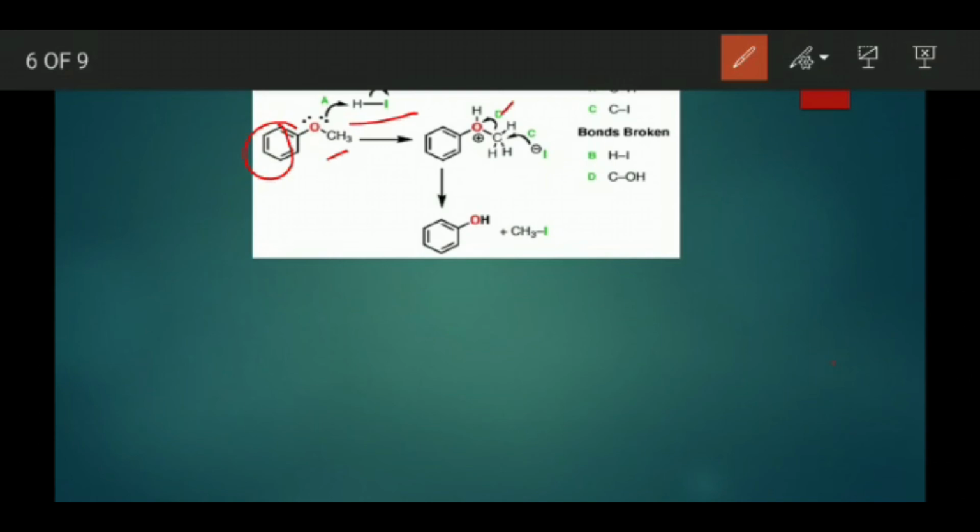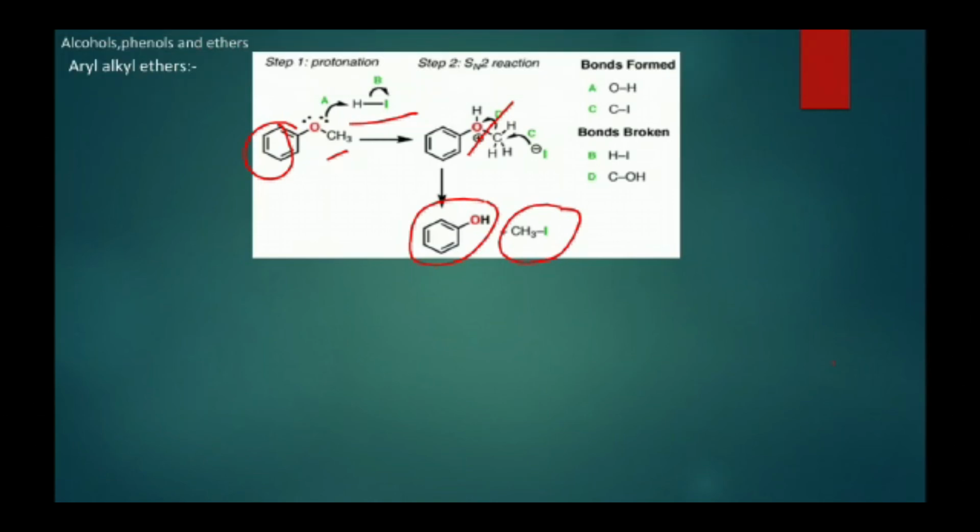Now in the second step, because of the stability, this bond will break here and it forms phenol and methyl iodide. So when we consider anisole, otherwise methoxybenzene, it forms phenol and methyl iodide when treated with hydrogen iodide. See that mechanism properly.